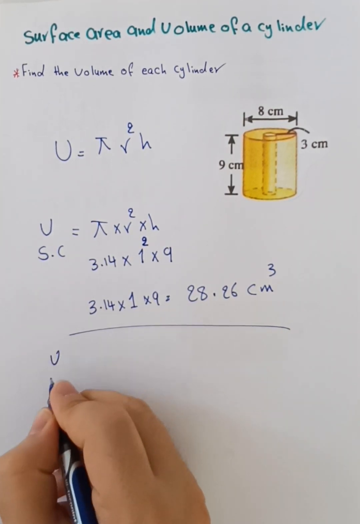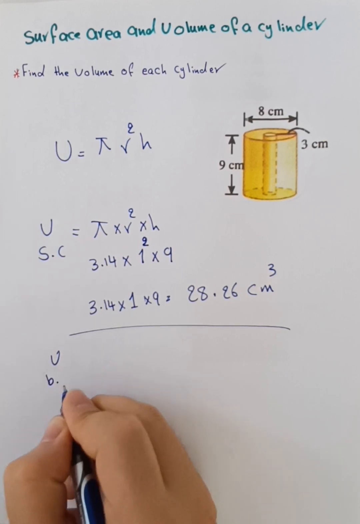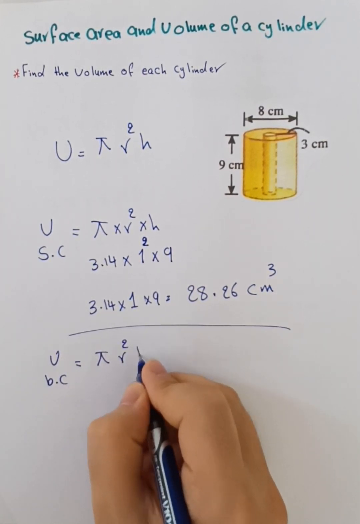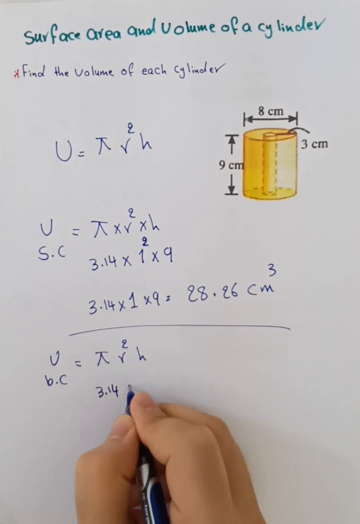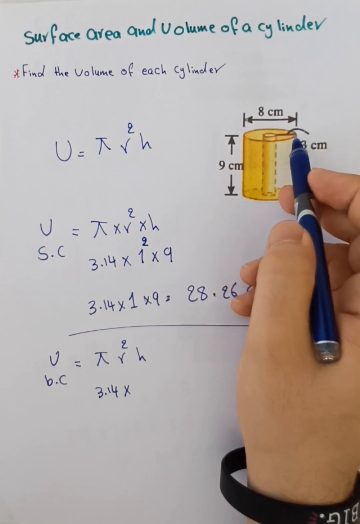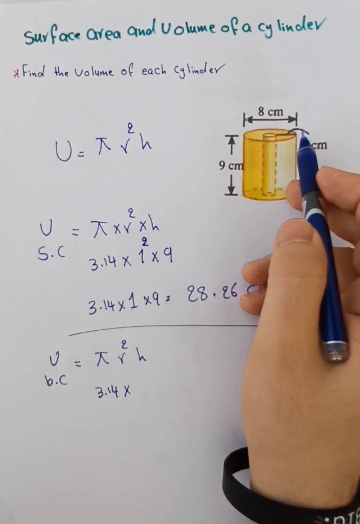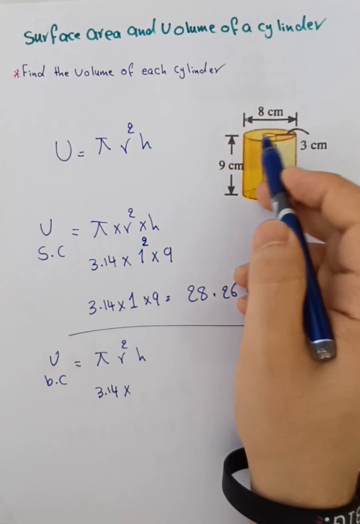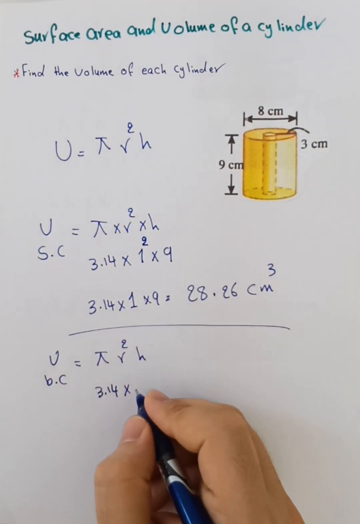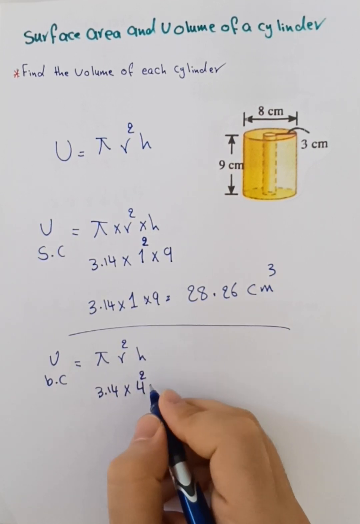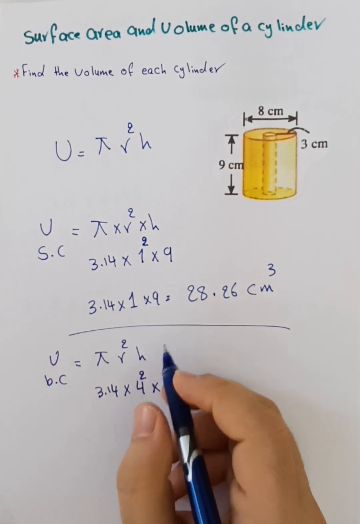And then volume for the big cylinder equals pi r squared h, 3.14 multiplied by the diameter for the big cylinder, 8. So the radius for the big cylinder is 8 divided by 2 is 4. 4 squared multiplied by height.